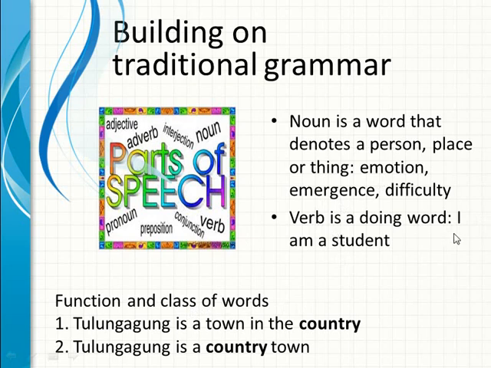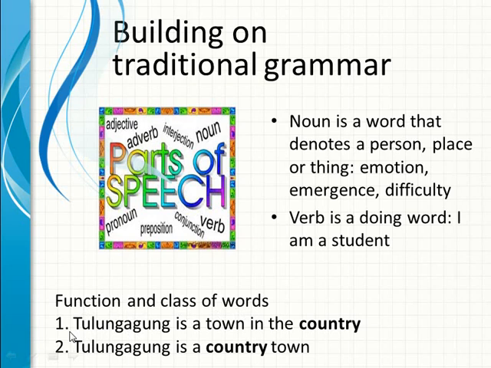But when we have the sentence, I am a student, am here is a verb, but am is not a doing word, so it's hard to define how it becomes a verb. So in functional grammar, we not only look at the class of words like verb, noun, and so on, but we also look at the function of the word in a clause.